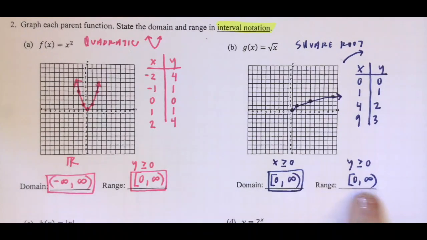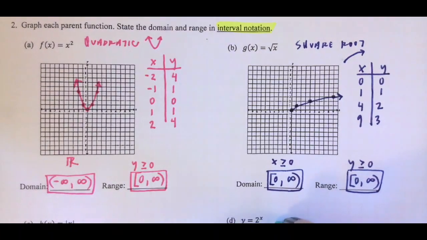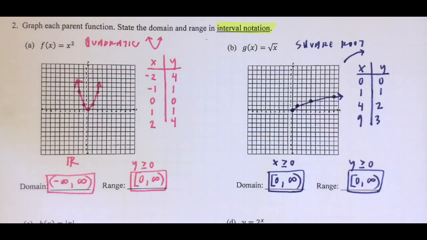Hard bracket on the 0, never on infinity. So just a reminder also that when we're looking at domain, we're always reading our graph from left to right, all of the possible x values. And for the range, we're reading it from bottom up, right? The minimum y to the maximum y.